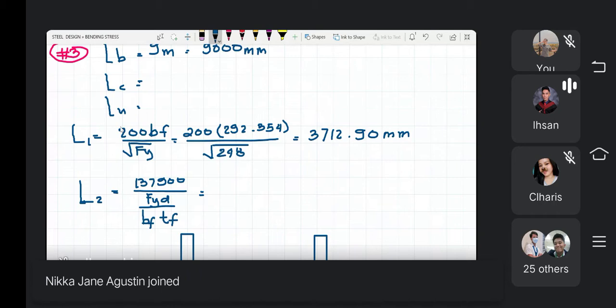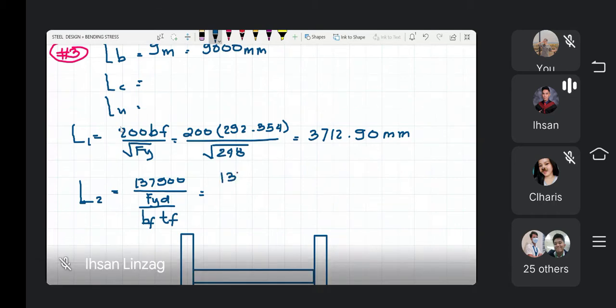So, 137,900 all over the Fy natin there is 248 and the depth is, what is the depth? 840, no? 0.74. Kaya medyo nakafamiliarize na din yung mga given kasi sinolve namin to kanina. So, ang BF is 292.354.